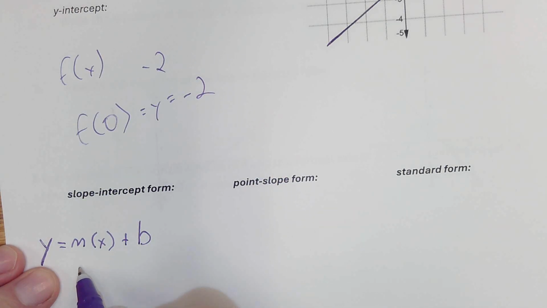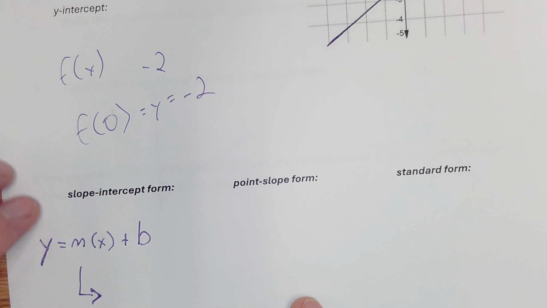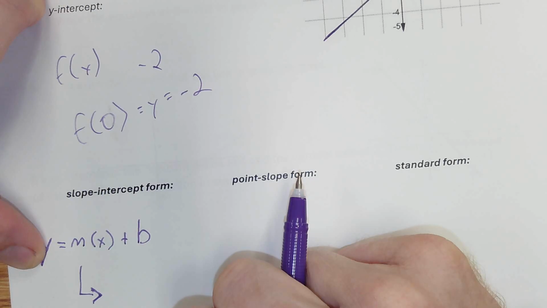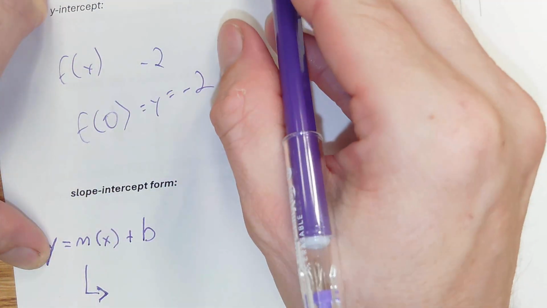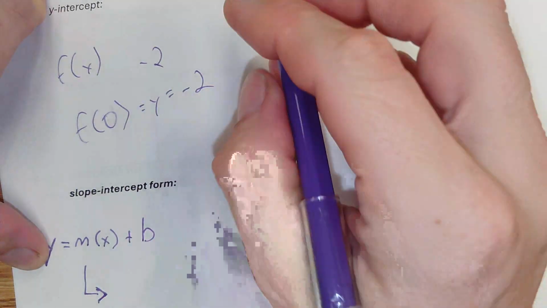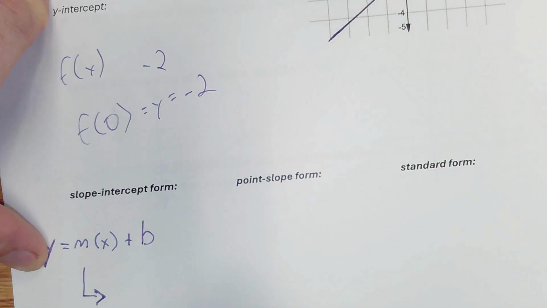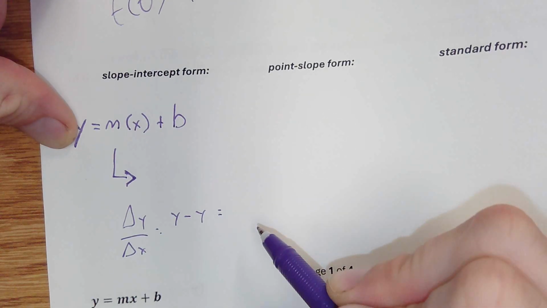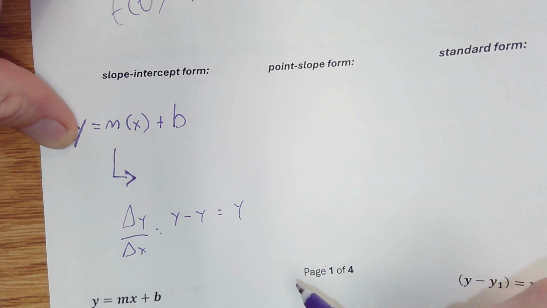And I want you to take a look at this. This is kind of an easier way to think about it, right? Our slope is a change in y over a change in x, right? So if you think about units, a y minus a y would equal a y, right?